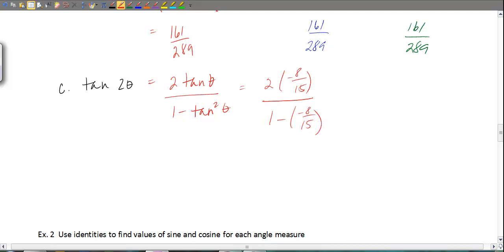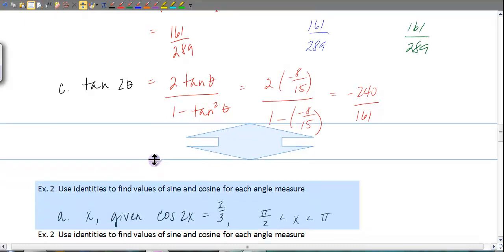No matter what your process is for putting that into the calculator, you should end up with an answer that's negative 240 over 161. Okay, so those are your answers for that particular problem.